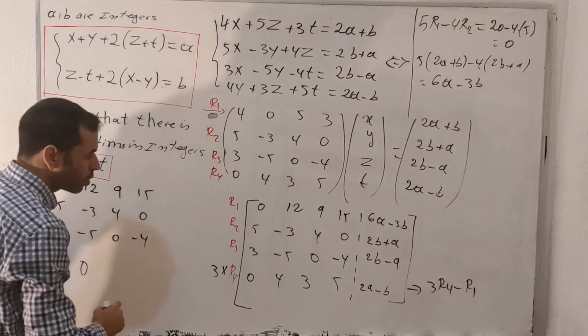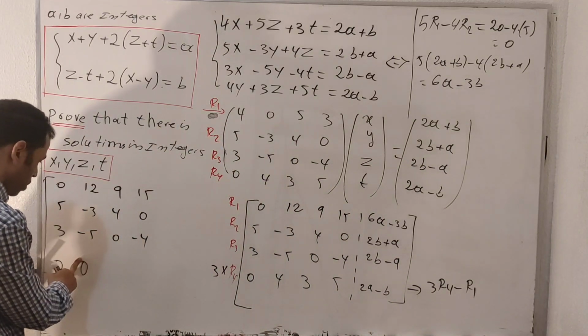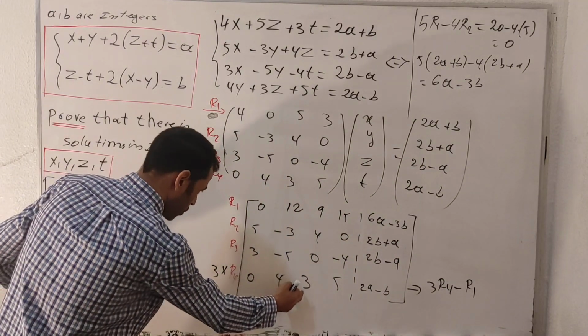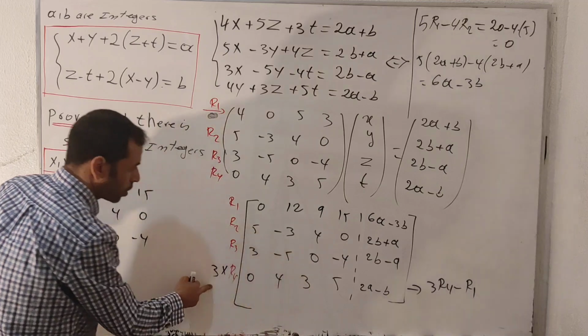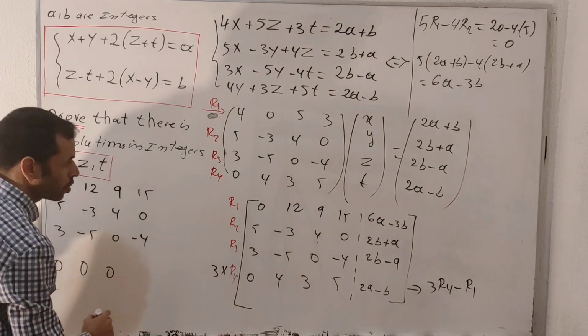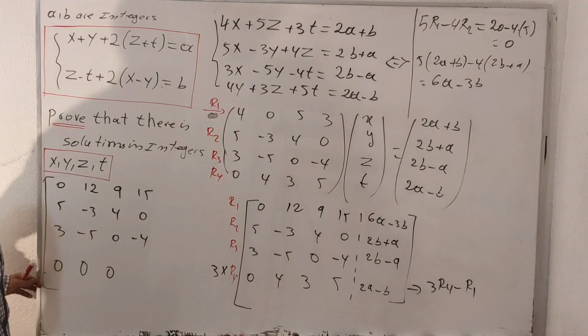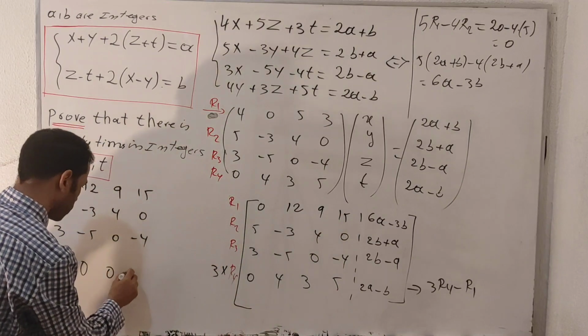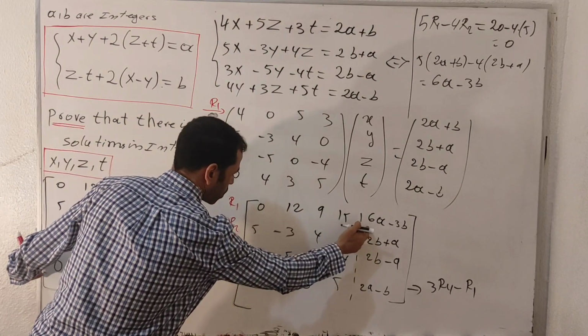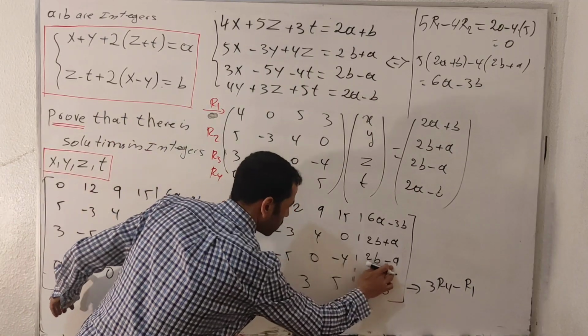For the third value, 3 multiplied by 3 is 9, and 9 minus 9 is 0. For this one, 3 multiplied by 5 is 15, and 15 minus 15 is 0. I'm going to write the other as 6a minus 3b.